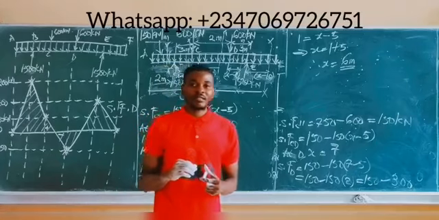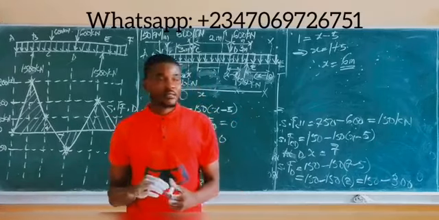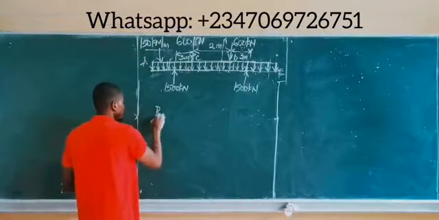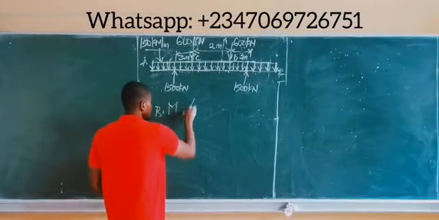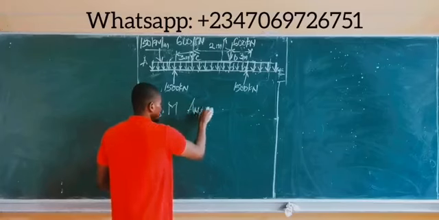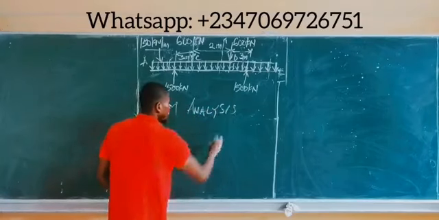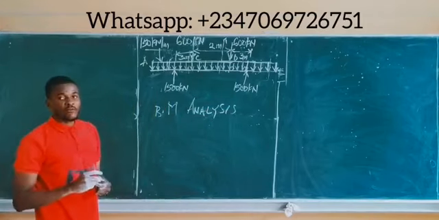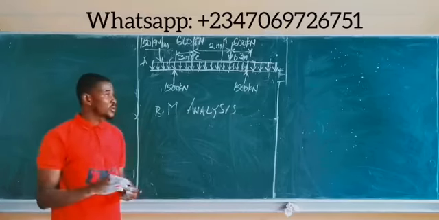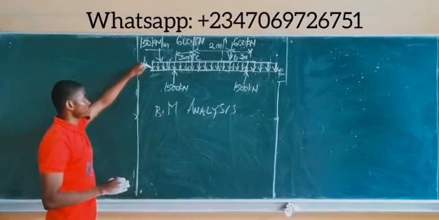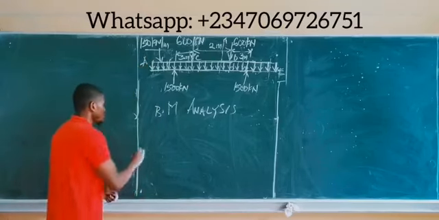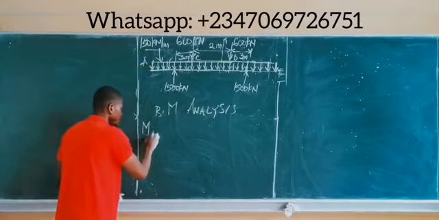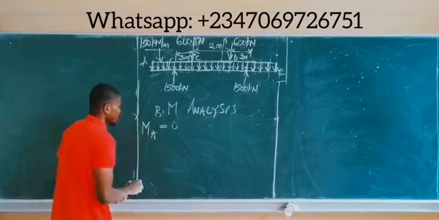Alright, so we can now start the bending moment analysis. As always, from the law of moments, the moment of force about every end point is 0. So the moment of force about point A is completely 0, so bending moment at A is equal to 0.